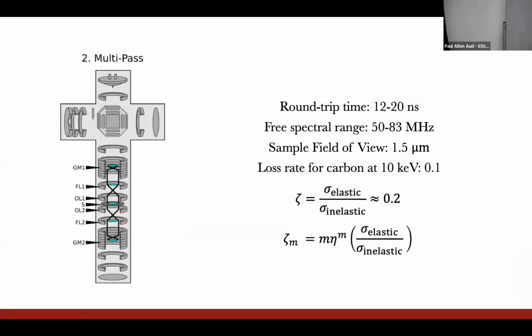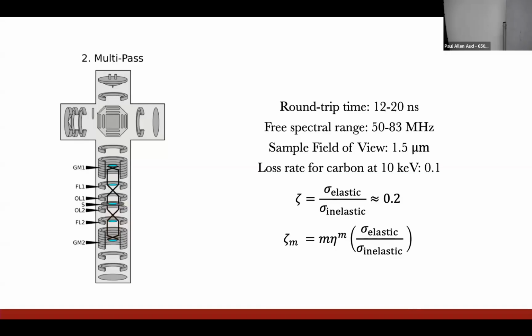So the loss rate for a 10 keV electron, which is the energy of this instrument, interacting with carbon, is about 10%, right? So that would be a finesse of about 60. And rather than talking about a cooperativity, what we're going to call this parameter zeta is the information coefficient. So this relates the amount of elastic scattering I get to the amount of inelastic or damage events.